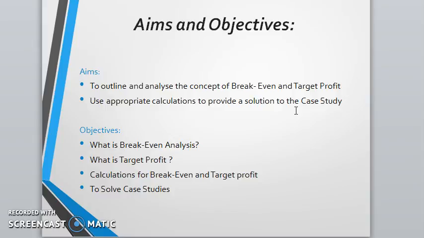So far, we have realized that break-even is the point at which a business venture's profits are equal to the cost. And we also found out that the target profit calculation is a useful tool to reach the desired amount of profit, which is helpful for budgeting and also aiming higher.